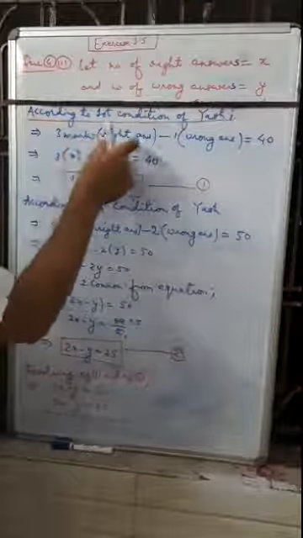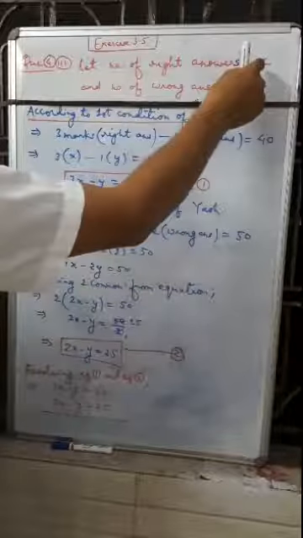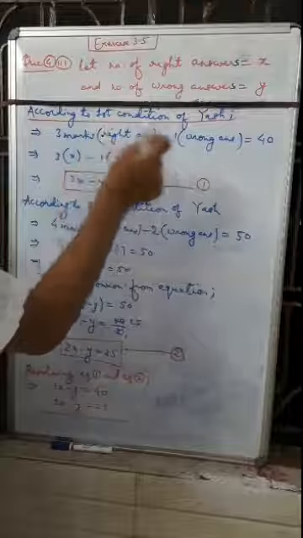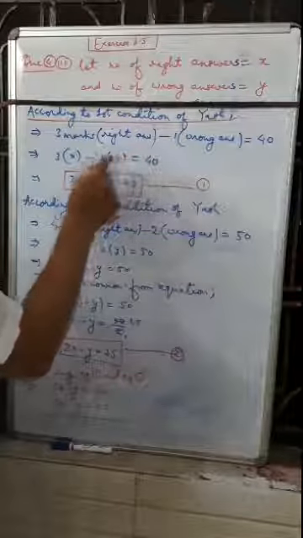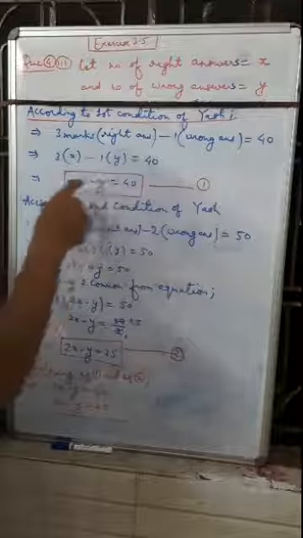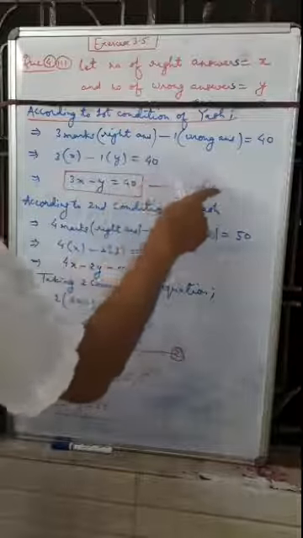For right answers, he did x, so we put 3 into x, and for wrong answers 1 into y. So we got the equation 3x minus y is equal to 40. This is equation number 1.